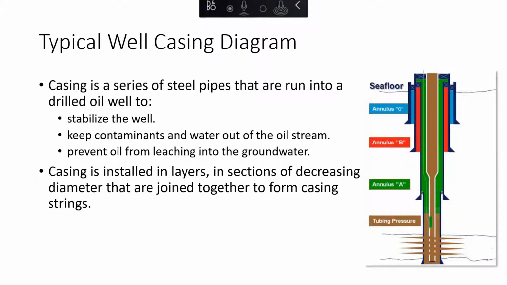Then you drill a 12.25 hole section and install the 9 5/8 casing. You drill 8.5 and install a 7-inch liner or casing. So this goes on and on.